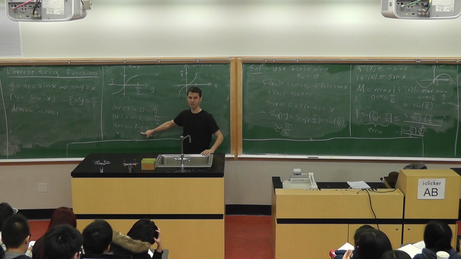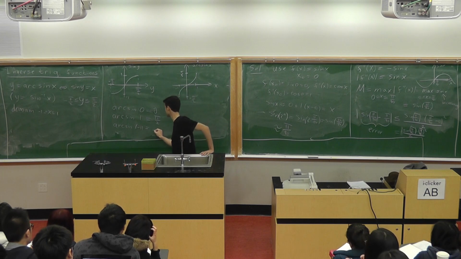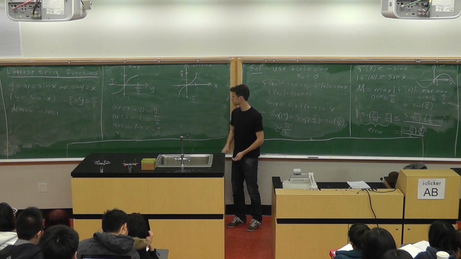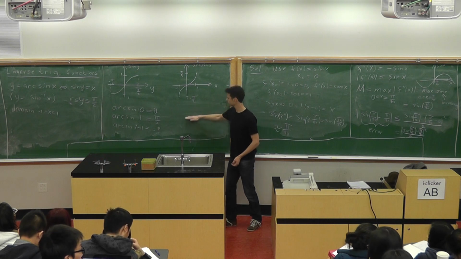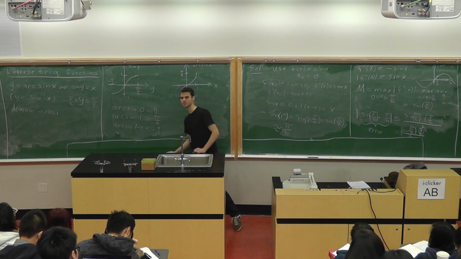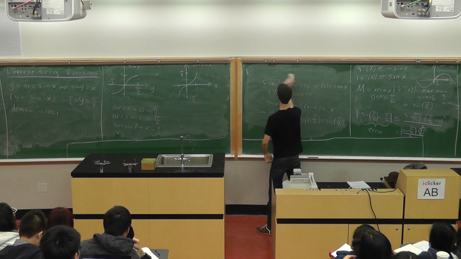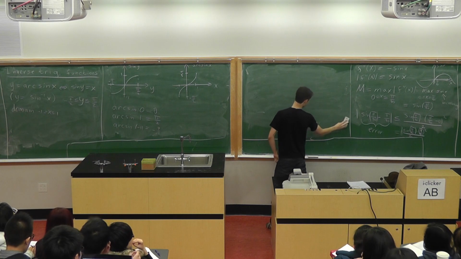So arc sine of -1 is a number whose sine is -1, so it's minus pi by 2. We'll add several more lines to this, but let me address this question of what is arc in arc sine, because it has a quite simple answer.